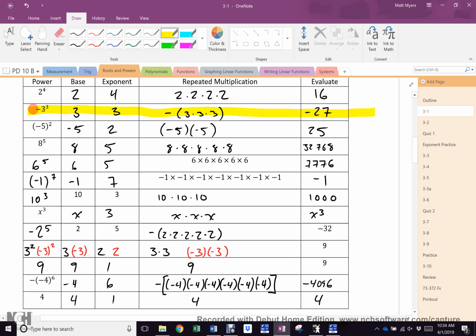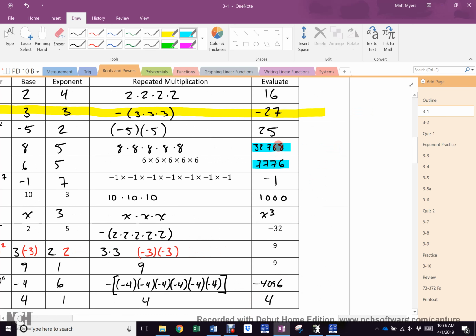So what is the only thing that repeats? The 3. 3 times 3 times 3 is 27. But there was a negative out in front of it all. So the final value has to be negative. Everybody good? All right. The next problem people face is they don't remember how to do that with their calculator.